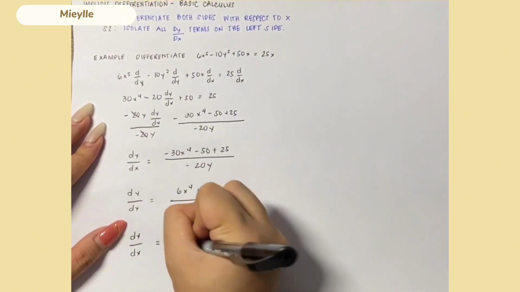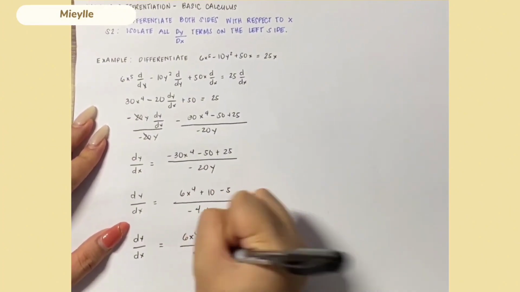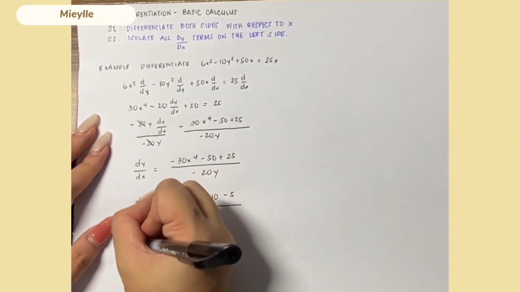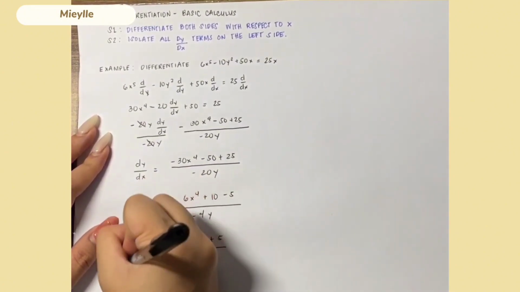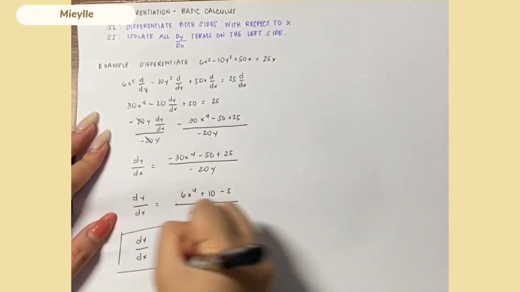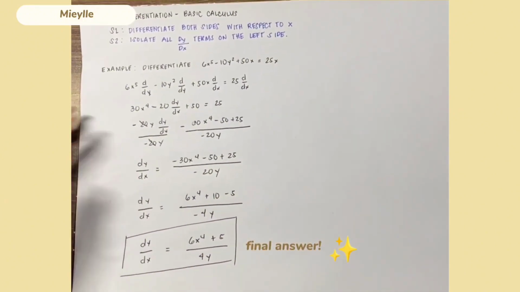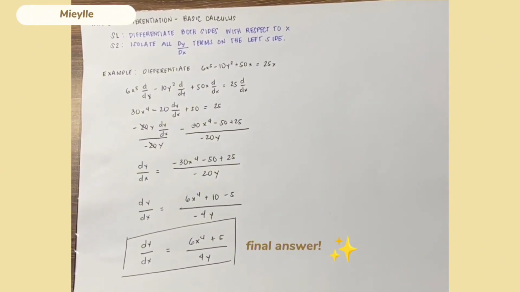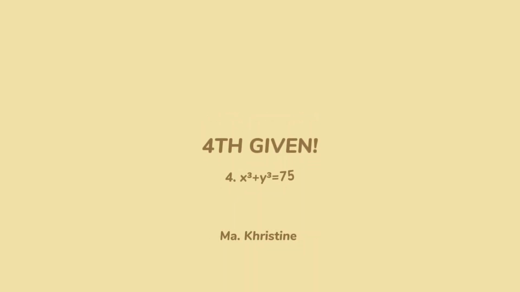Since we can still simplify 10 and 5, the final answer is 5. And now here is the final answer: dy over dx equals 6x raised to 4 plus 5 over 4y. Now, let's move on to the fourth given.